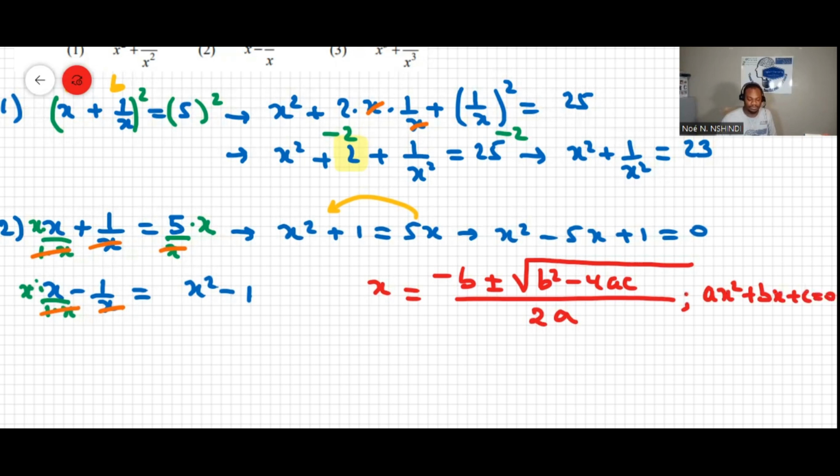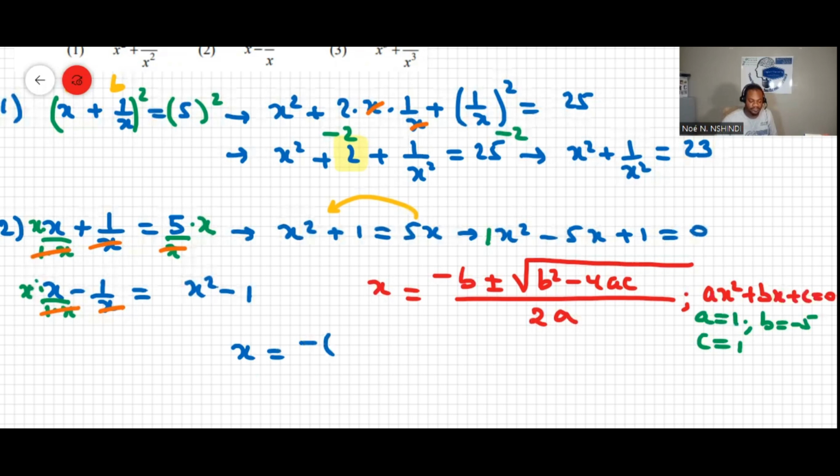Now, here, the coefficients are a equals 1, b equals -5, and c equals 1. a is the coefficient of x squared, which is the invisible 1 over here by x squared, b will be -5, the coefficient of x, and c is the constant term 1. Now we can find the value of x if we substitute the coefficients here.